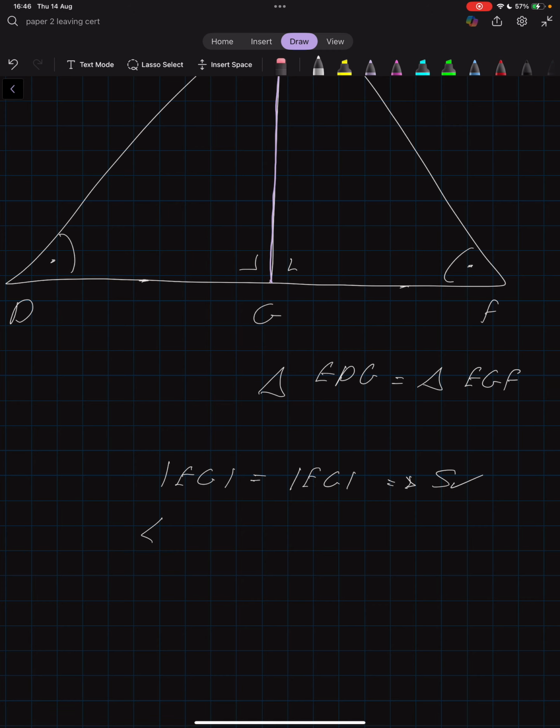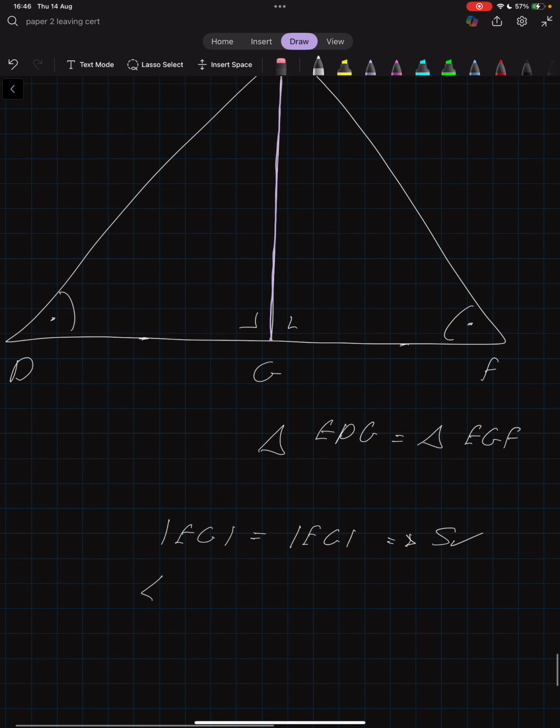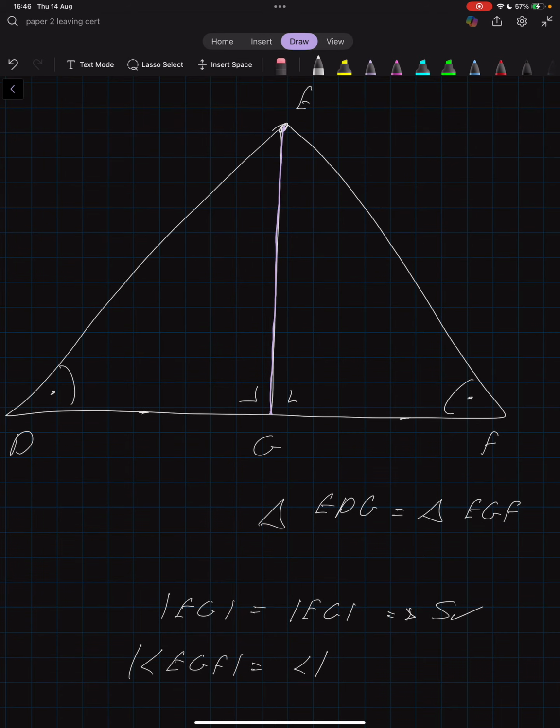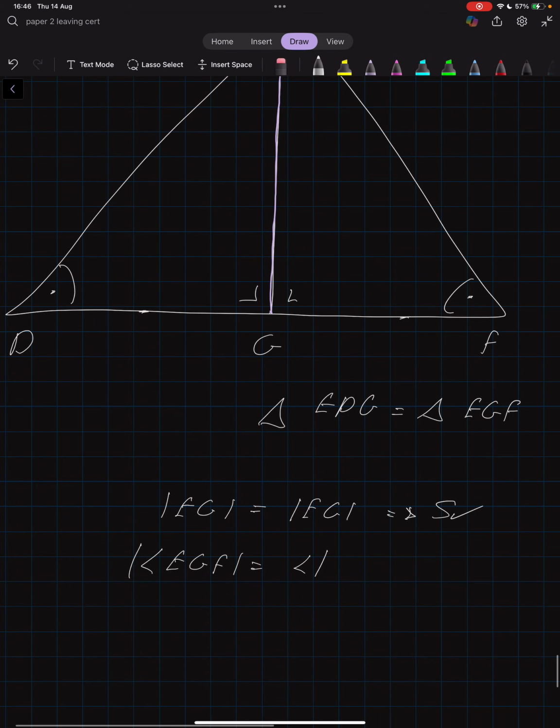So the angle EGF is equal to angle, sorry, EGD.